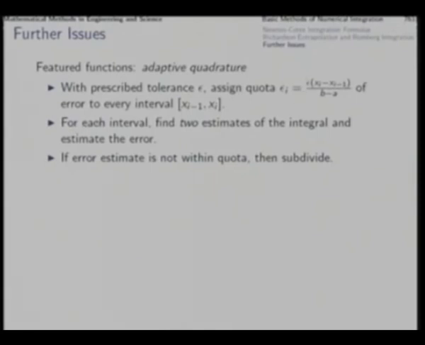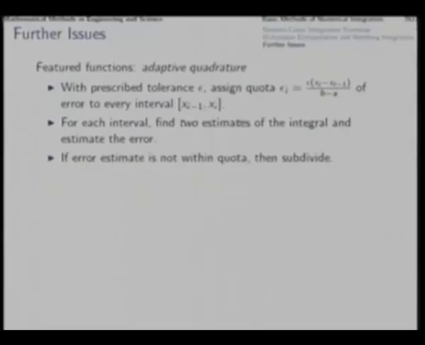Then for each interval you find two estimates of the integral, one over the full interval and one over the halves. From the difference between the two estimates you estimate the error. Now if this error estimate is within the quota, then you accept it, or else you subdivide the interval further. This is the process of adaptive quadrature or adaptive step size in numerical integration. This is quite often found very effective.